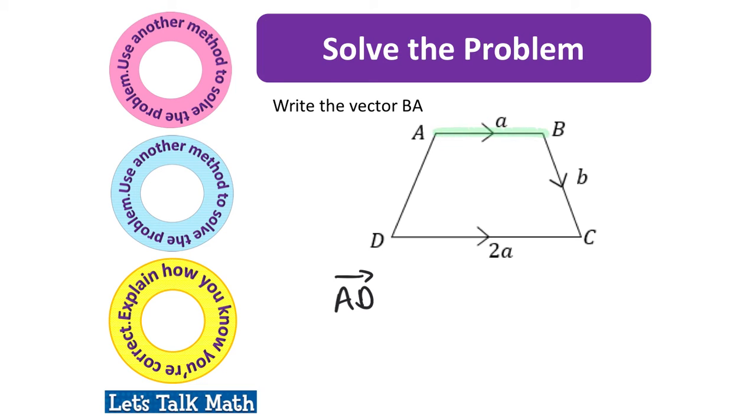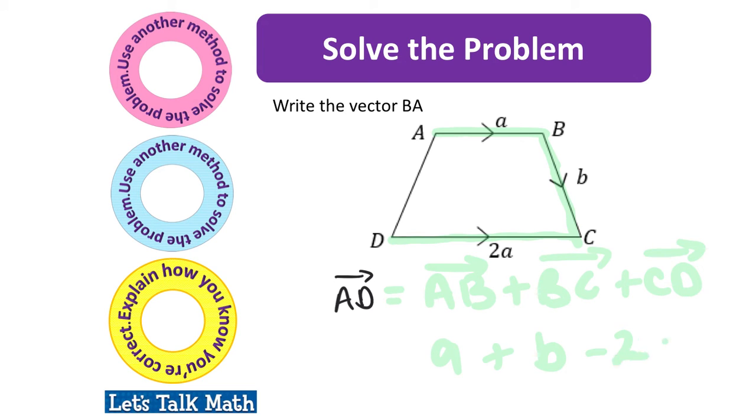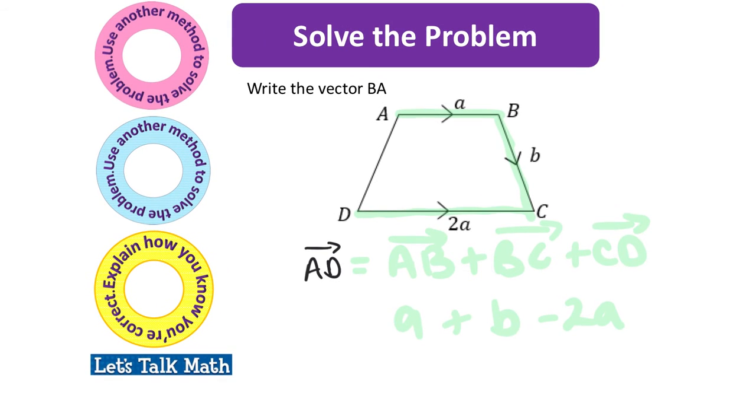So A to B. Okay, so I could go A to B, which is A, B to C, which is B. Now, when I do C to D, what do I notice? It's minus. So C to D is minus 2A. So I get A plus B minus 2A, which simplifies to B minus A. Okay?